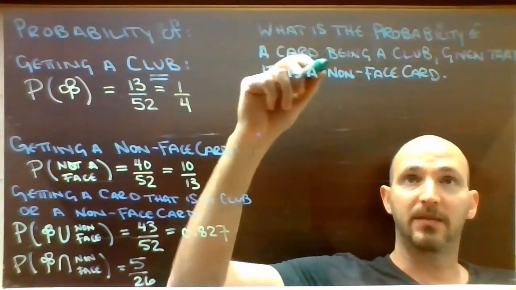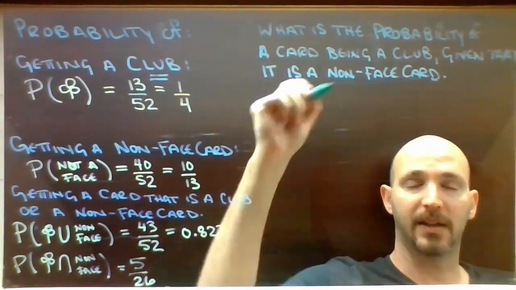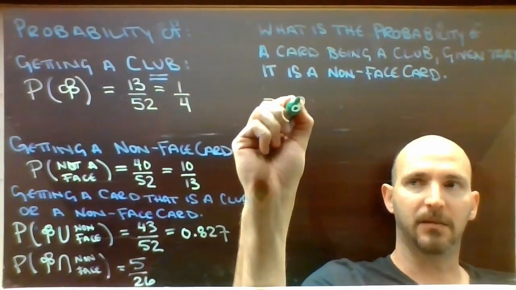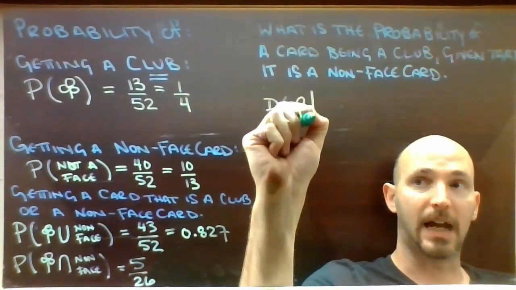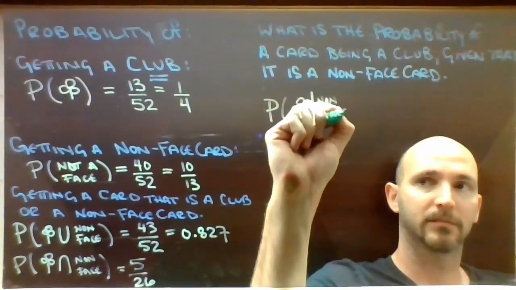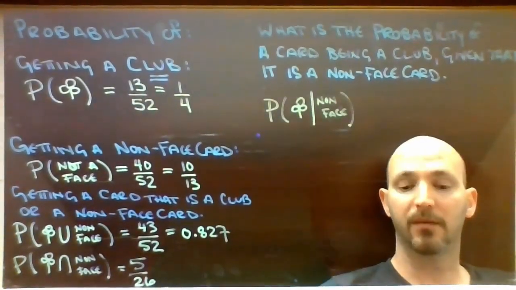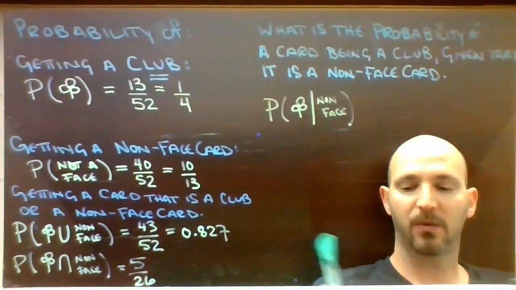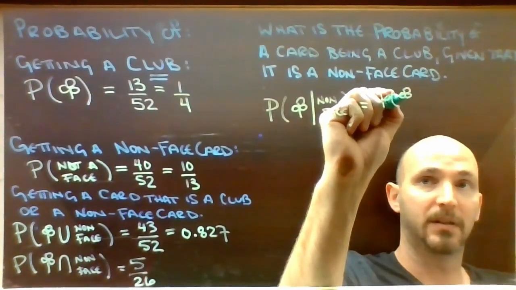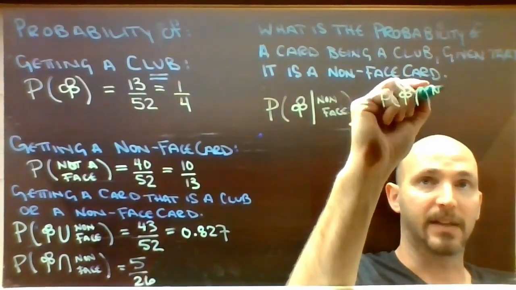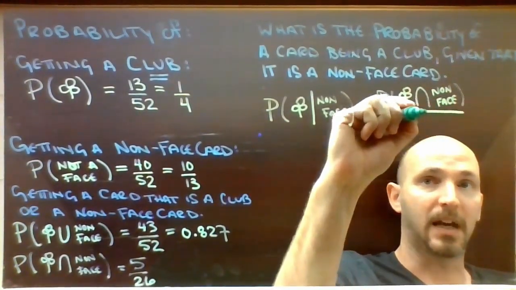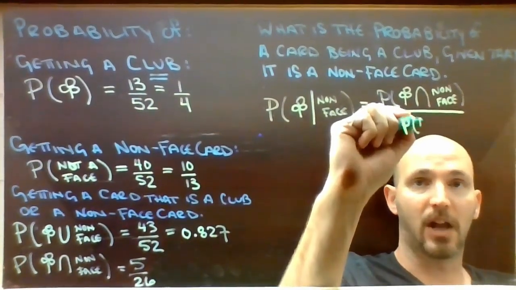So what is the probability of a card being a club given that it is a non-face card? So the way you write that is the probability of a card being a club given that it's a non-face card. Well, there is a formula for calculating this. The way that you're supposed to arrive at this numerically is to take the probability of it being a club and a non-face card and divide it by the probability that it's a non-face card.